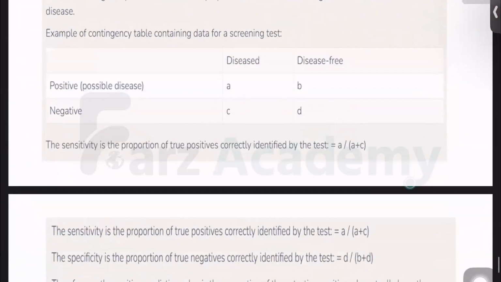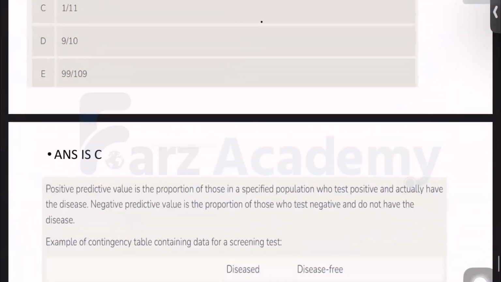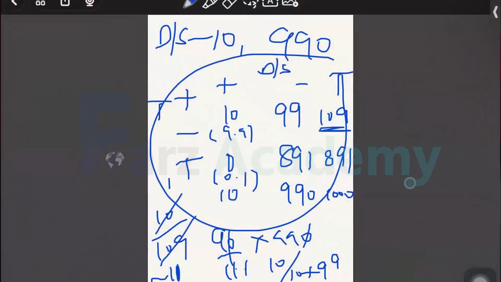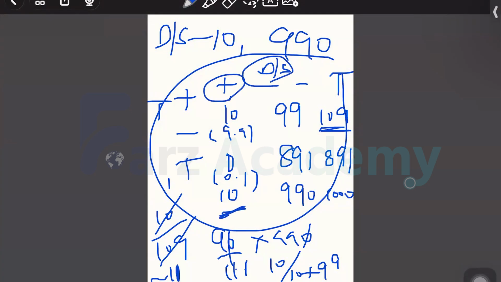Ma'am, the previous slide, can I just say what ma'am has calculated? 10 people out of 1000 had diabetes, so the remaining 990 don't have the disease.